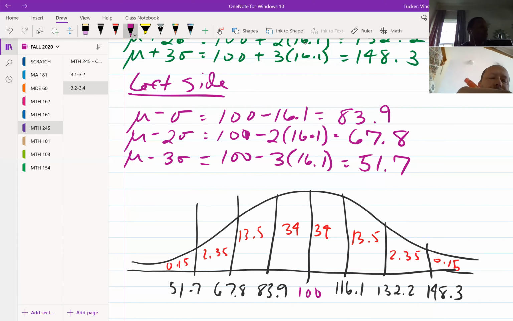So that's how you can use the empirical rule. You can use it to predict weather, if you had enough information on what the weather normally is on this day or that day. Different applications for it.